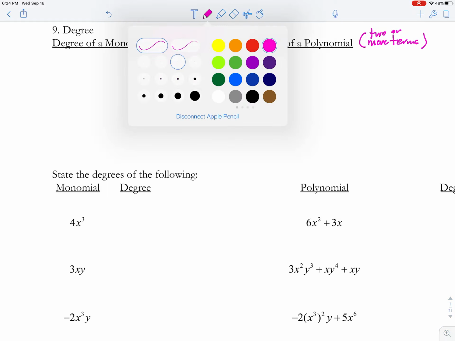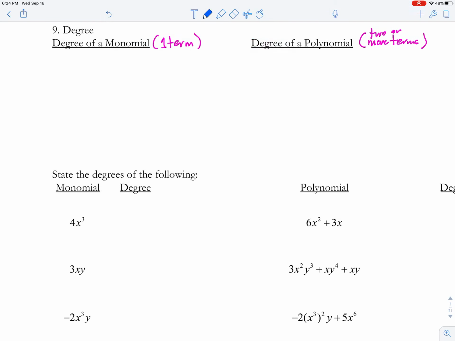So the degree of a monomial, so that's just one term, we're going to take the variables, look at what their exponents are, and then add them all up. So we would be finding the sum of all the variables' exponents. So the sum of them.